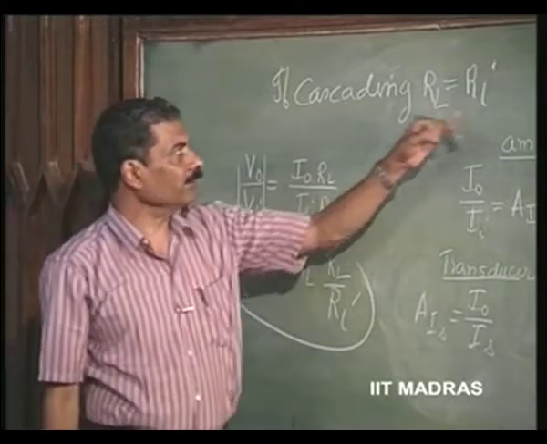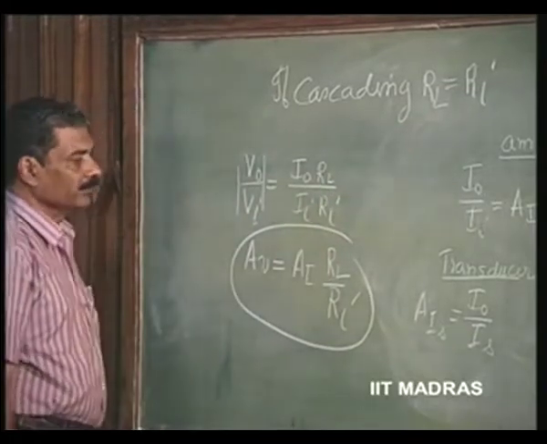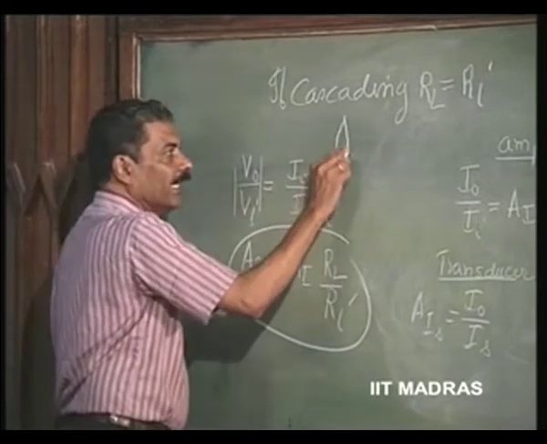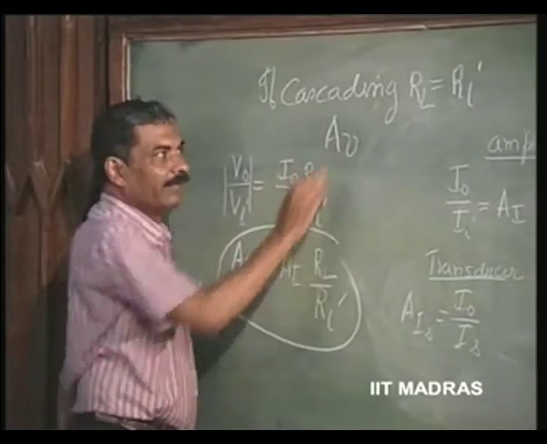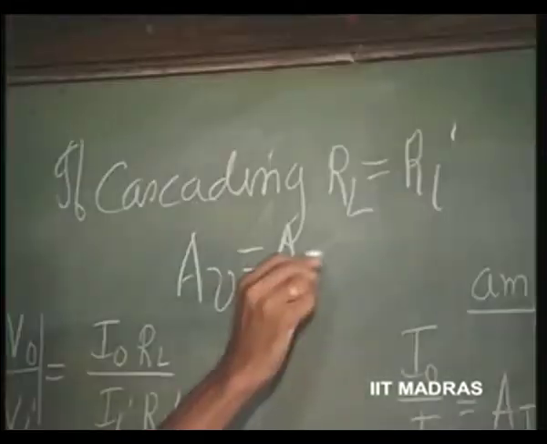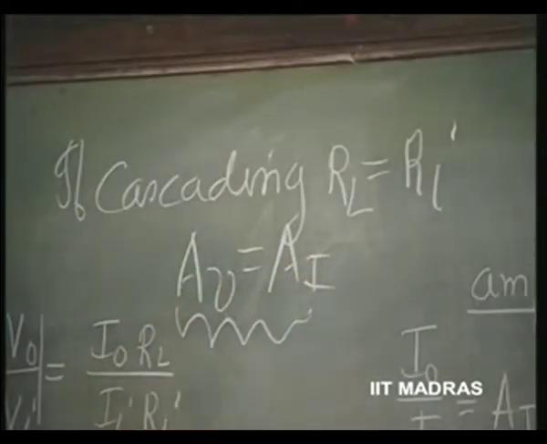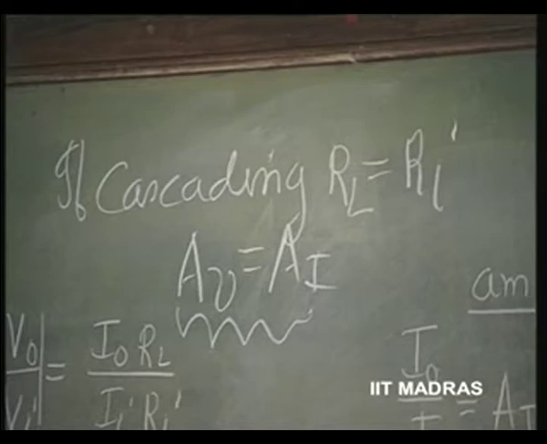So, RL is equal to Ri. Then it is proven that AV is always equal to AI. This is an important statement. While cascading, therefore, the voltage gain is the same as the current gain.